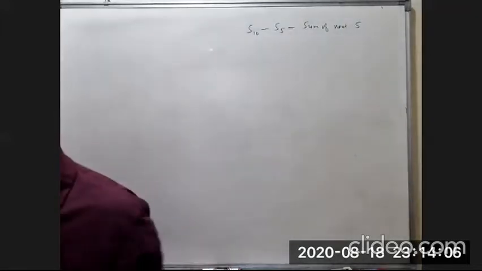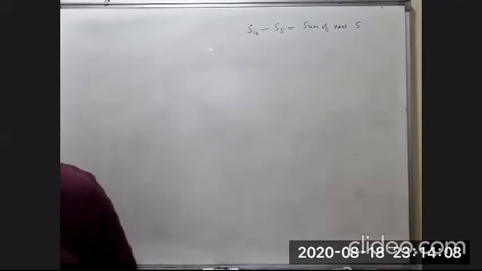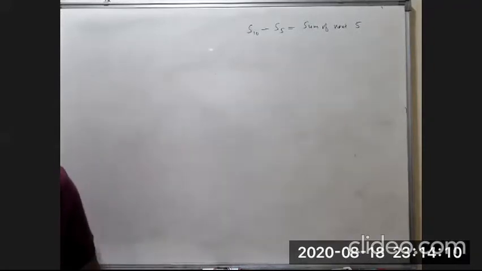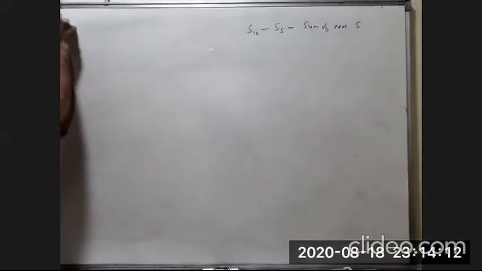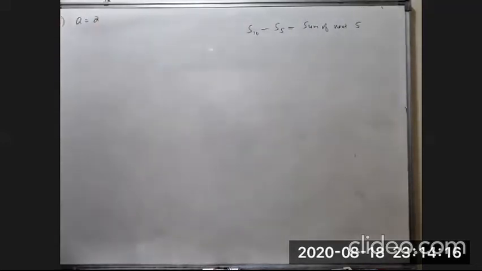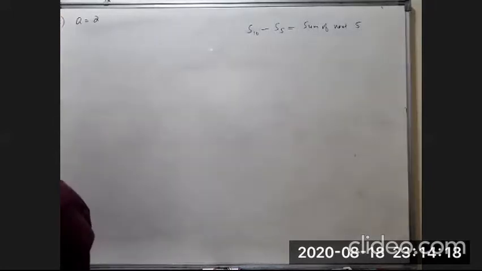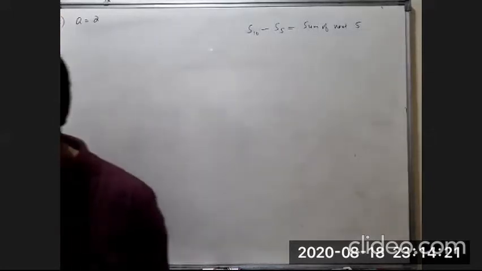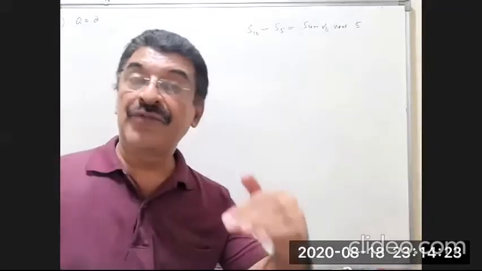Now, what is given in the question? That is question number 3. The first term is 2. Then what is given? Sum of first 5 is 1/4 of the sum of next 5.